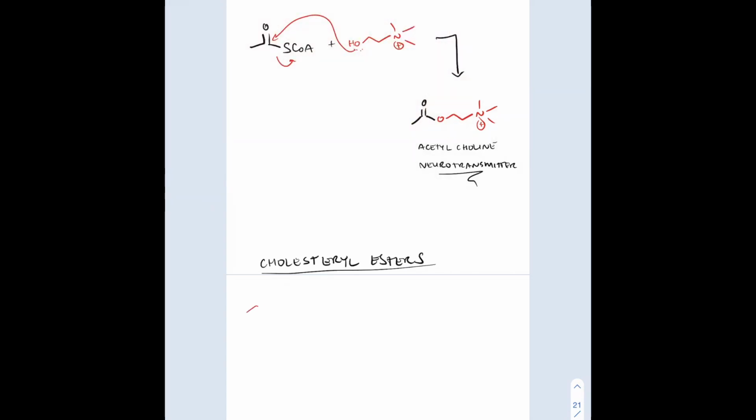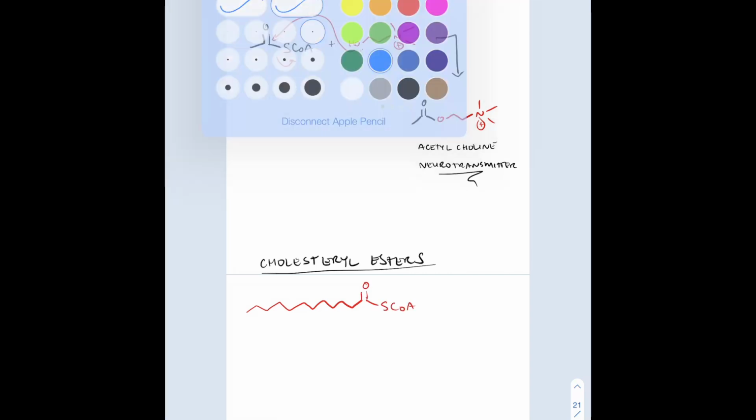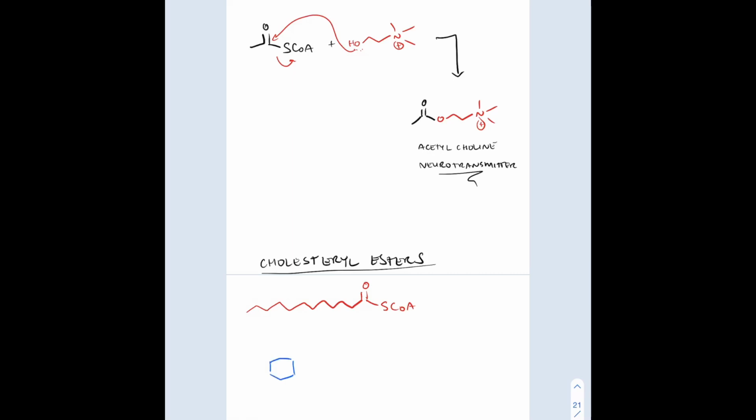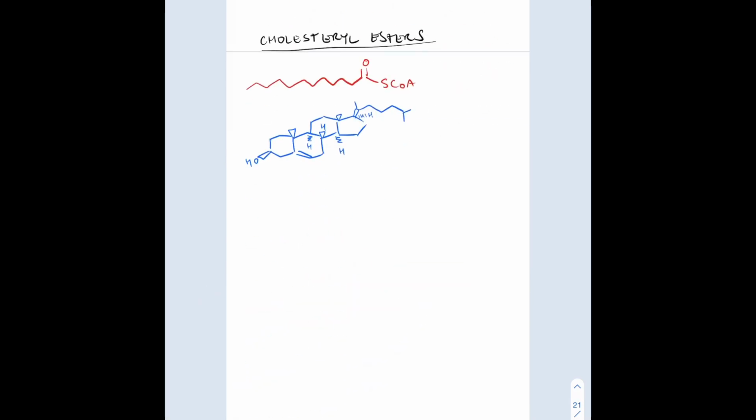The next practical application would be cholesterol esters. So it's the same thing with this SCoA, this coenzyme, but we have a longer chain on that carbonyl group. And what I'm going to do is draw out a cholesterol or a steroid here. So just bear with me one second. There's a lot of stuff going on. So one thing, if you haven't noticed, the steroids are typically going to have that general ring structure with a couple things popping off on either side.